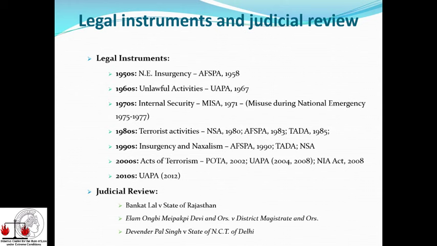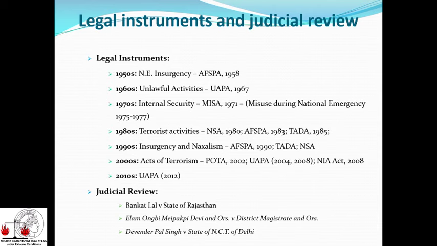The year 2000 was again the beginning of the millennium with terrorist attacks. In 2001, the Parliament of India was attacked, and in order to respond to the terrorist activities, Parliament enacted a law, the Prevention of Terrorist Activities Act 2002.